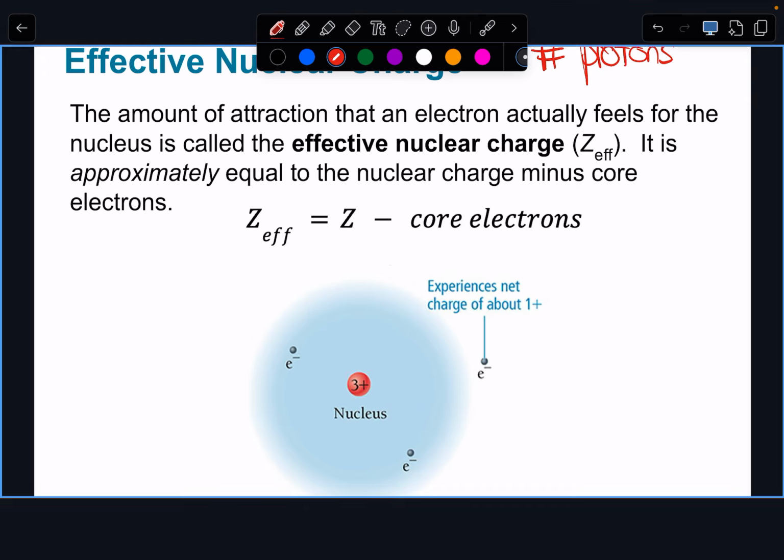Okay, so chlorine's valence electrons are also at the 3s and the 3p, but they're at n equals 3, just like sodium's are. So these guys are the core electrons, these are the valence electrons.